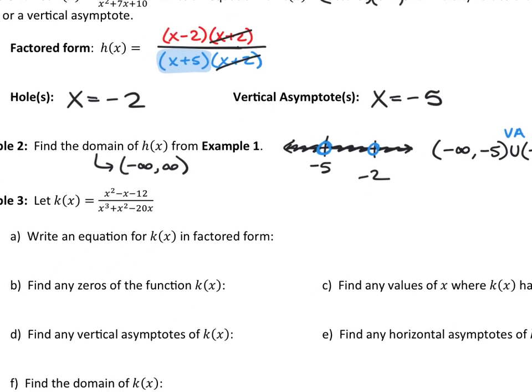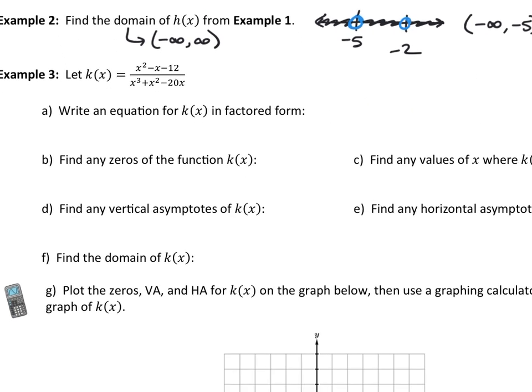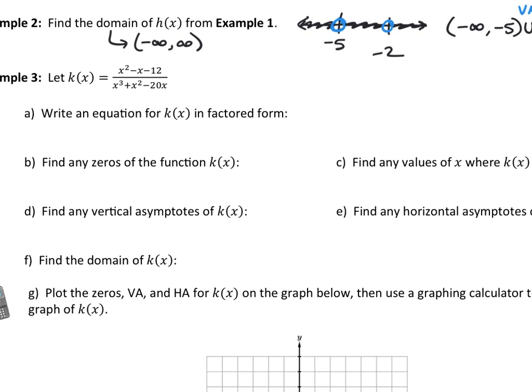Our next question is going to encompass almost everything we've talked about so far. Let's write an equation for k of x in factored form. So we're going to have to factor that whole thing. I know that the numerator for k of x is going to factor to x minus 4, x plus 3.